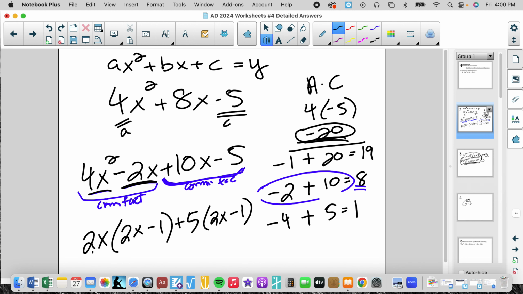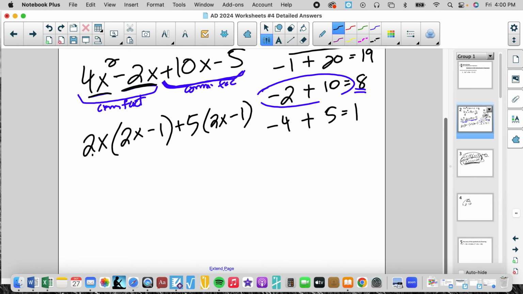And here is our first time to check and see if we've done it right. I will tell you that if you did it right, the 2 terms inside the parentheses are the same. They must be the same. If you did it right, those 2 have to be the same. We're going to pull those 2 out.